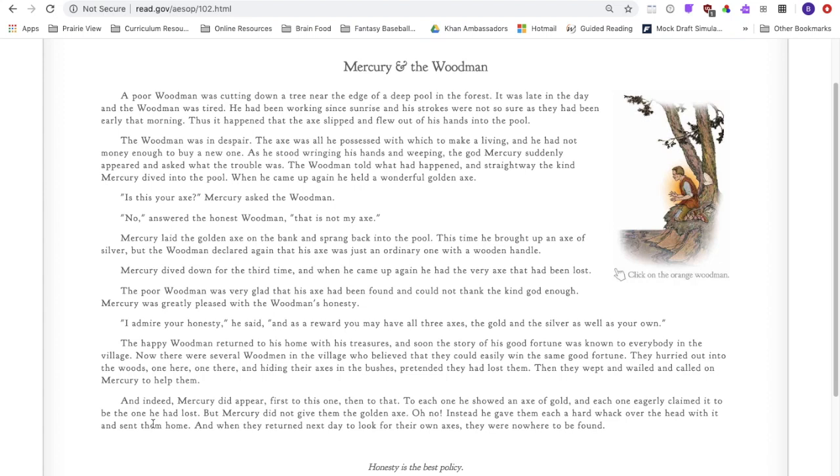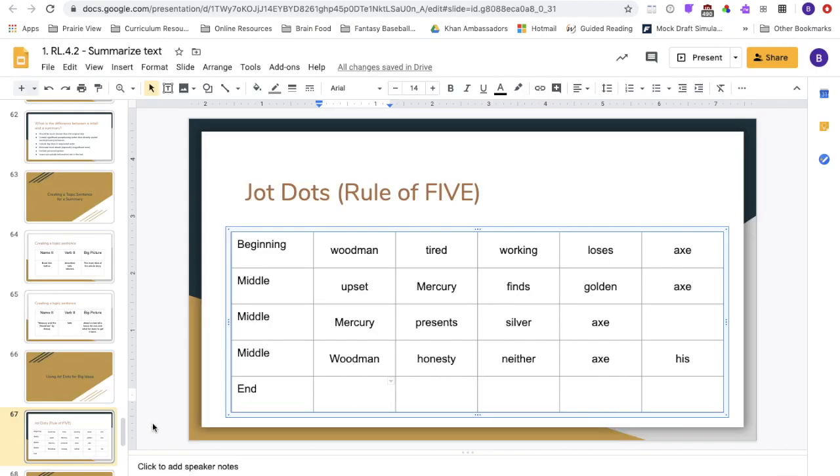All right, when they went to look for their own axes, they were nowhere to be found. So they lied about it to try to get a better axe, and they learned that it's not even the original one. They don't even have that. So we say villagers, dishonest, lose axe. And let's put the word punishment in there.